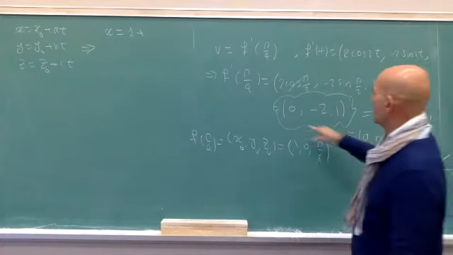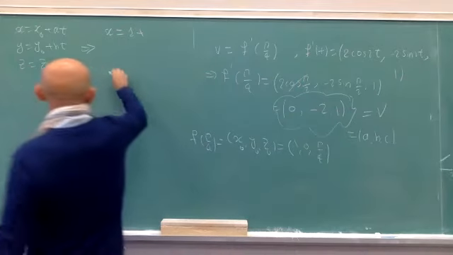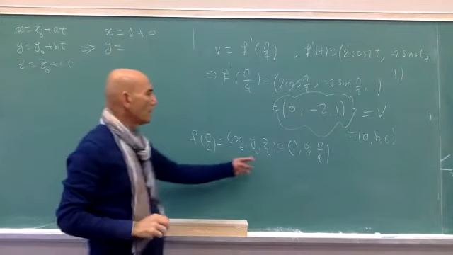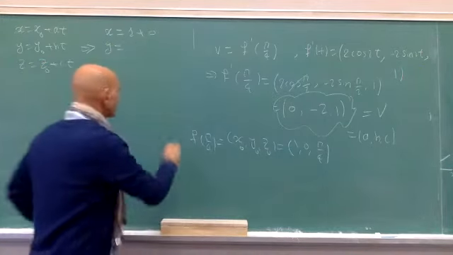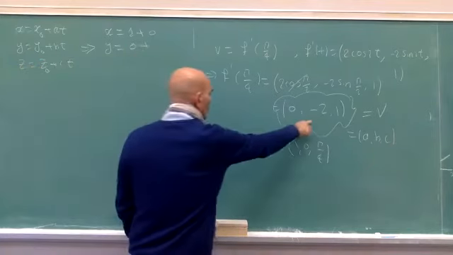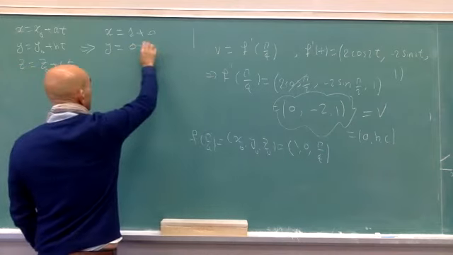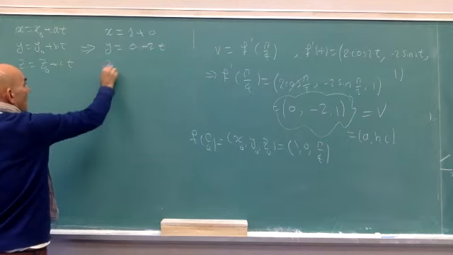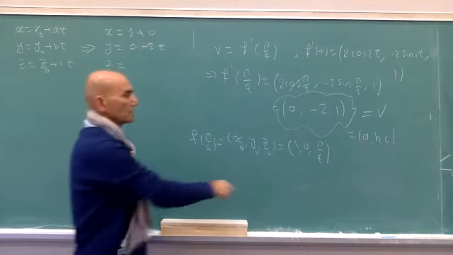So a is 0: x is equal to 1 plus 0. y is equal to y0, which is 0, plus b, where b is minus 2: minus 2t. z is equal to z0, which is pi over 4.